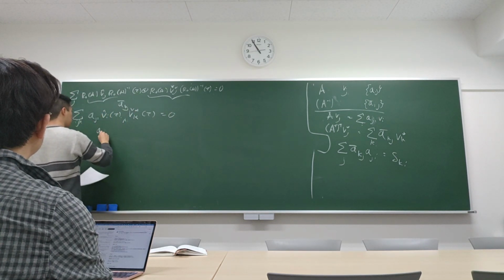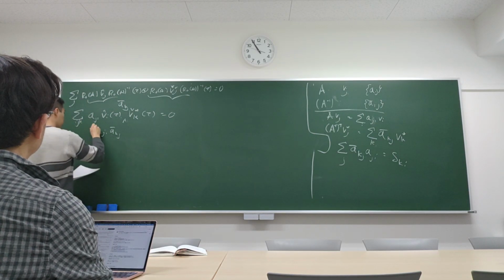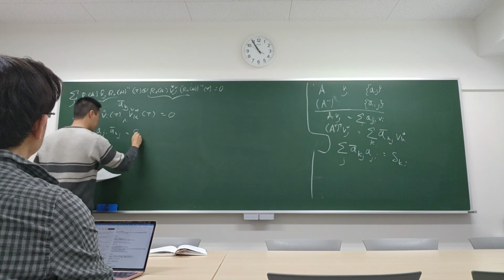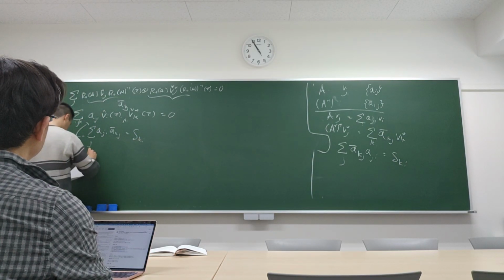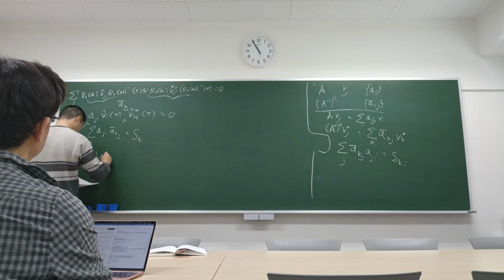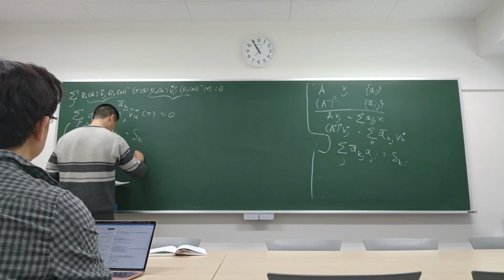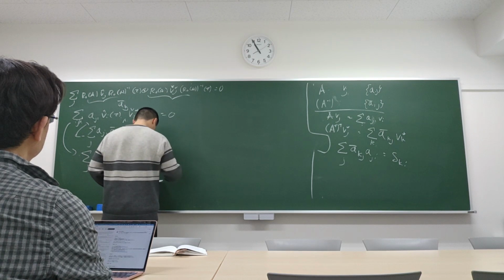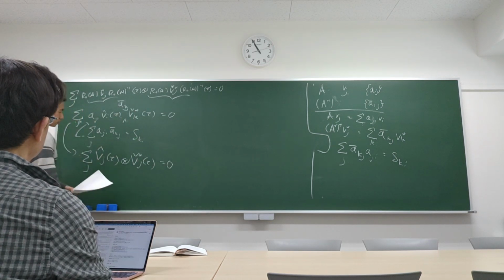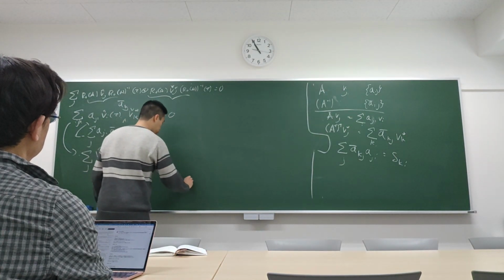Then using this a_ki, a_kj thing, the sum over j is delta_ki. So we sub this in, and what we have is then your v, which is exactly what we wanted. So now this is the forward direction proved.